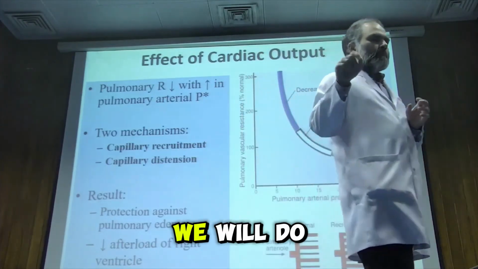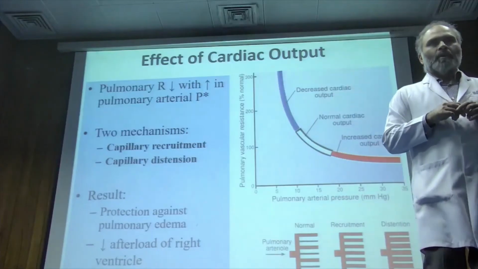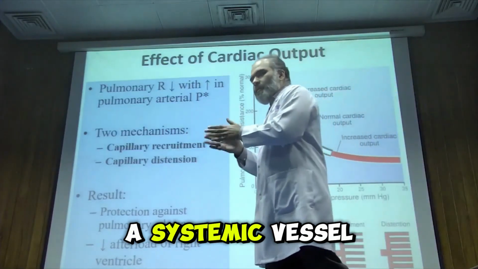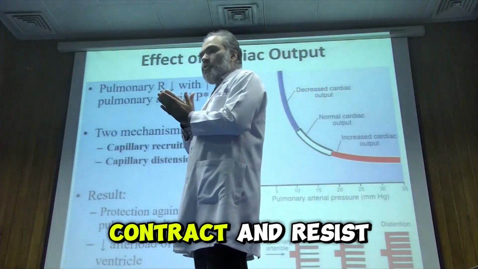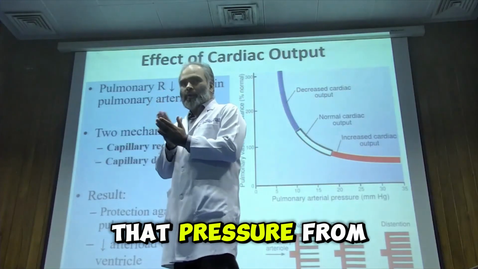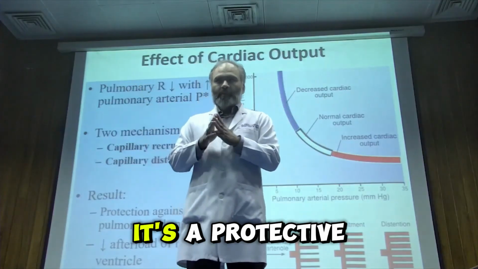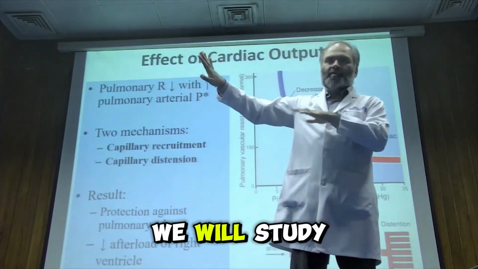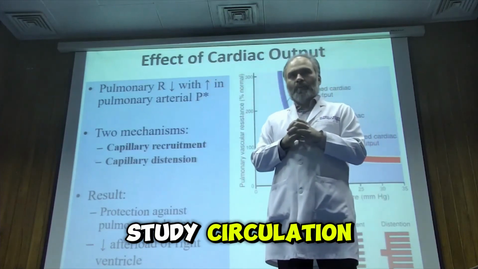Lock that away. We will do it later on. Whenever there is pressure rising in a systemic vessel, it tends to contract and resist that pressure from going forwards. It's a protective mechanism. We call it vascular compliance. We will study this when we study circulation.